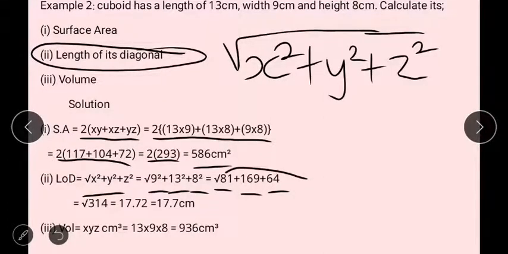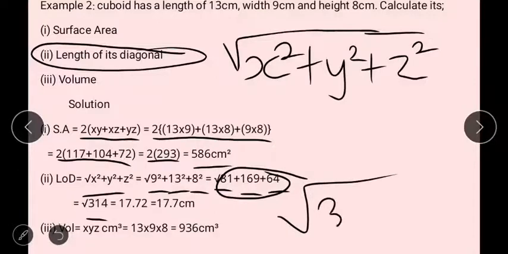If you add all these together, it would give you 314. Don't forget your square root. We still have the square root there. So simplification of this, that is the square root of 317, gives you 17.72, approximately 17.7 centimeter. Is that taken?